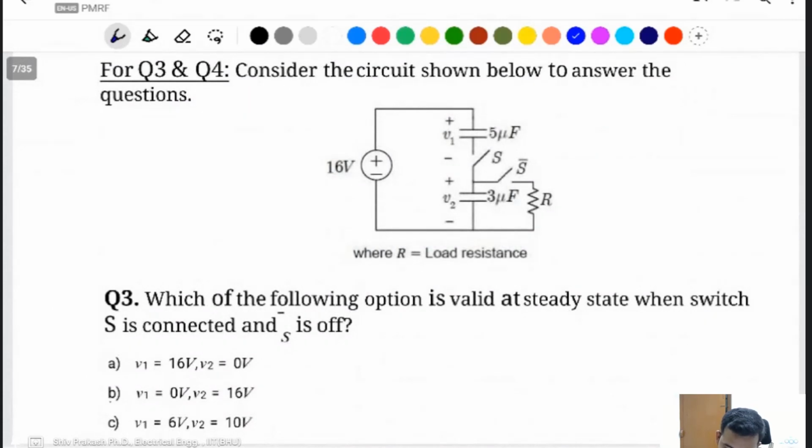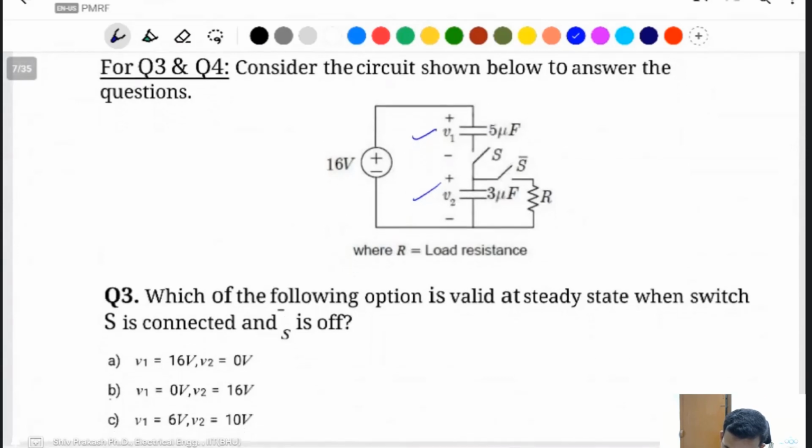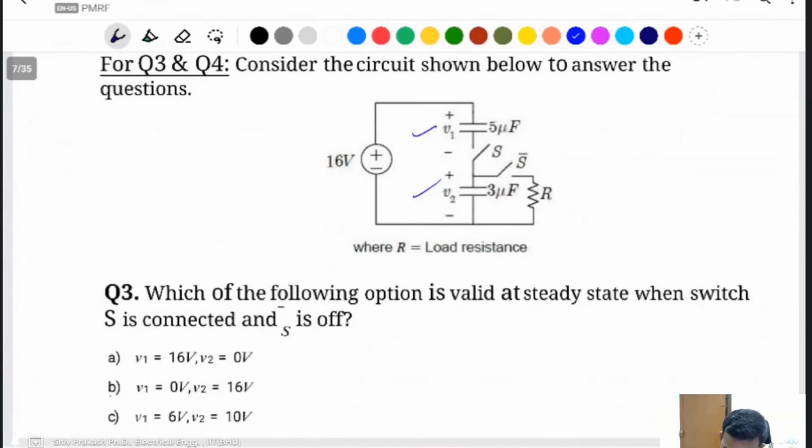The next question given is: consider the circuits below and answer the questions. Third and fourth: two capacitors simply connected in series. What is the voltage division? In question number three, this switch is on and this one is off, which means the resistance will not come into the picture, and this is on.